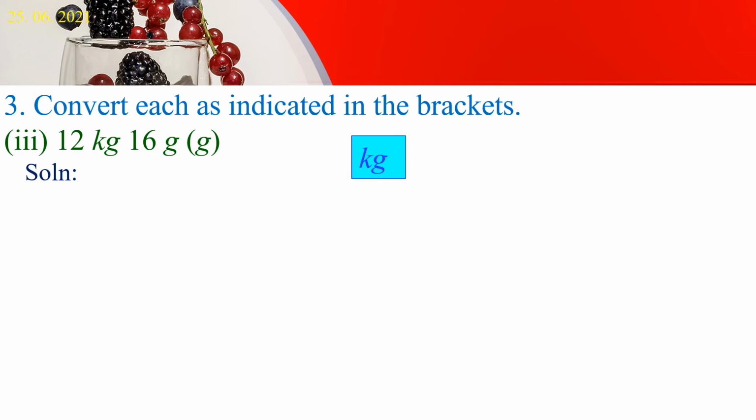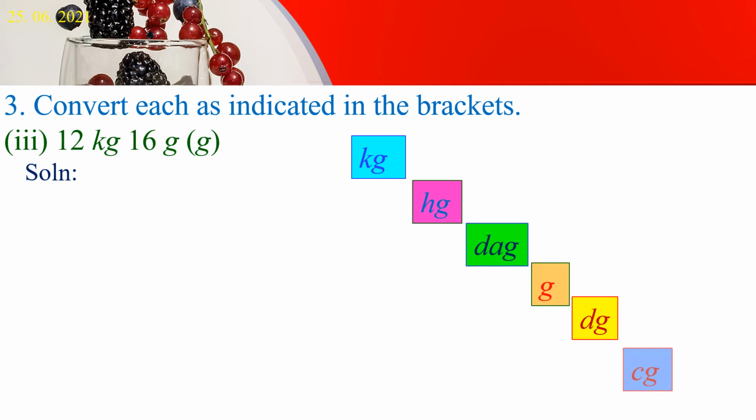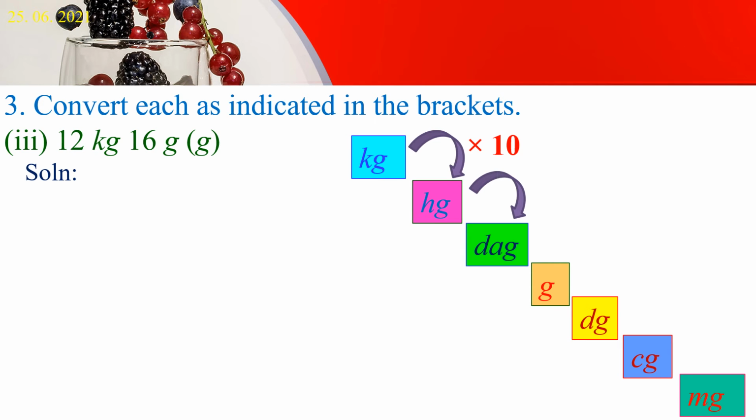We know the arrangement of units: kilogram, hectogram, decagram, gram, decigram, centigram, milligram. Now we have to convert kilogram to gram. We know very well that from kilogram to gram, we have to move 3 steps. For each step, we multiply by 10. On the first step, we are in hectogram, so we multiply by 10.